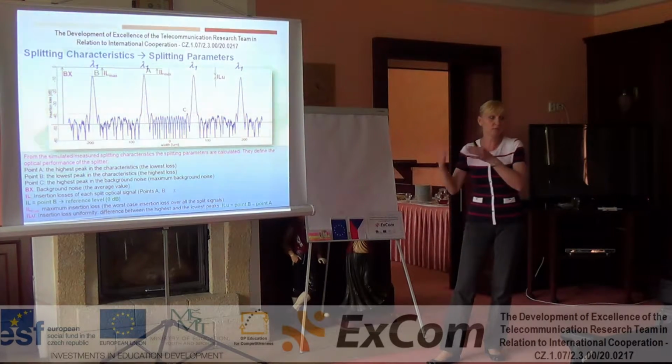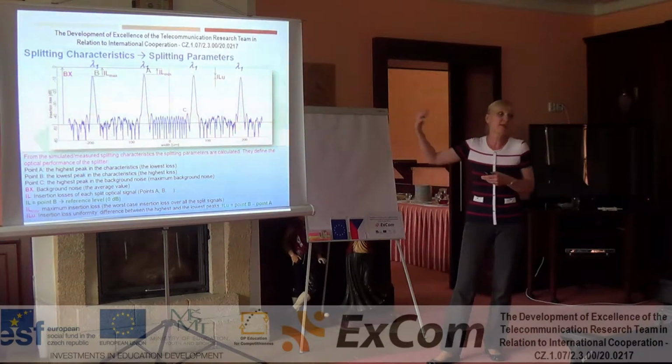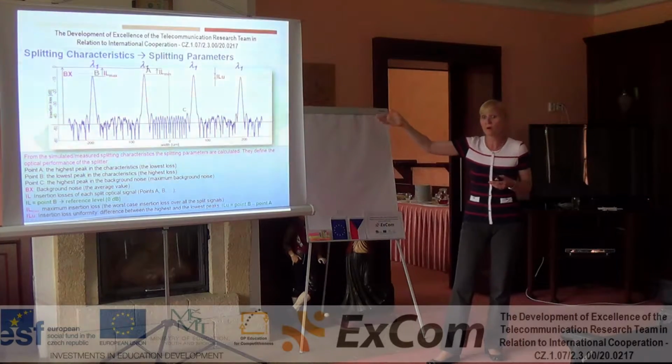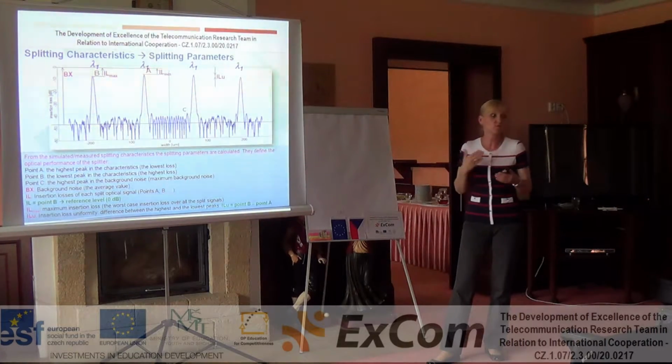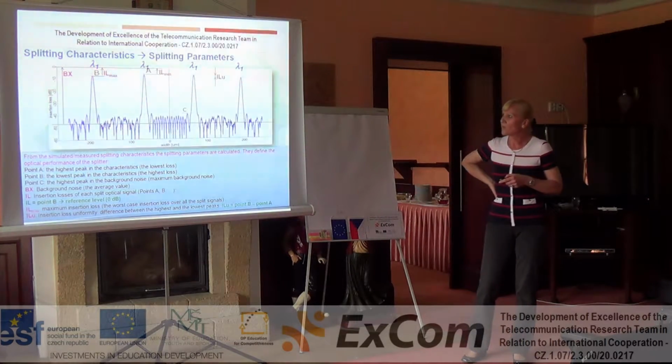Before I talk about approaches, I would like to again explain the characteristics, because when we don't understand what we got, we cannot talk about any optimization. So what do we see? Point A is the highest peak in our splitting characteristics, the best one.